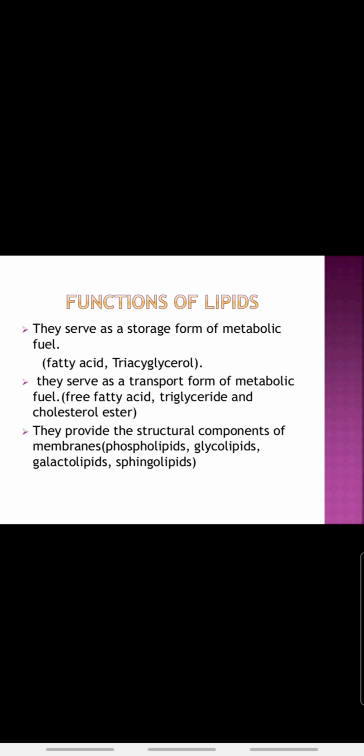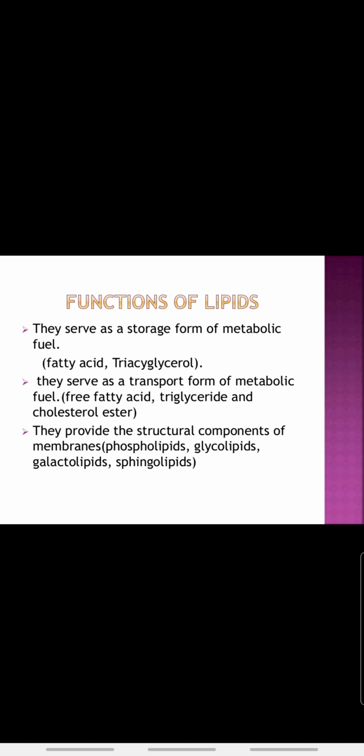I already mentioned these two terms earlier. These two terms are very important in the process of lipids, and that is why lipids can function as a storage form of metabolic fuel.